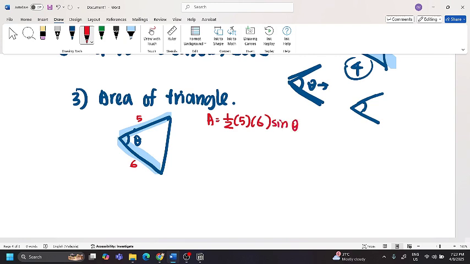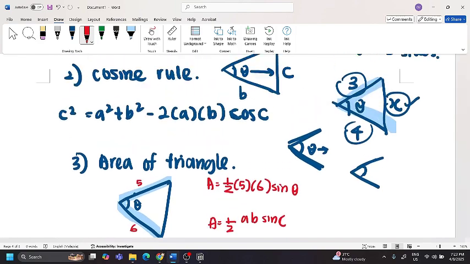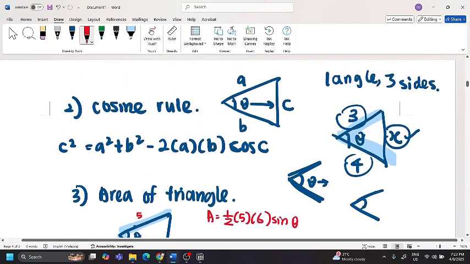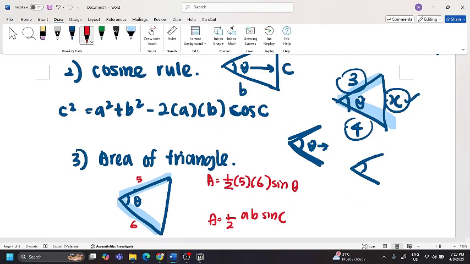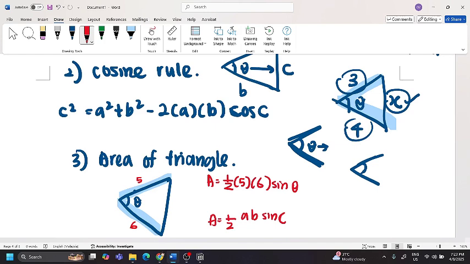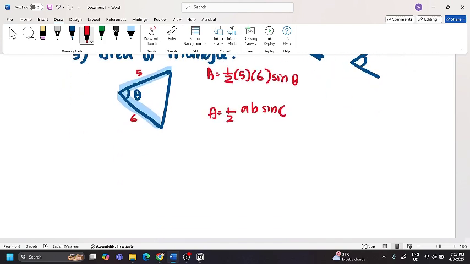This is how you find the area of a triangle. The very general one is area equals 1 over 2 AB sine C. You should know all of these formulas from your Form 4 syllabus, but you need to use them in circular measure when calculating the triangle. Later you'll see how. This is just a recap.